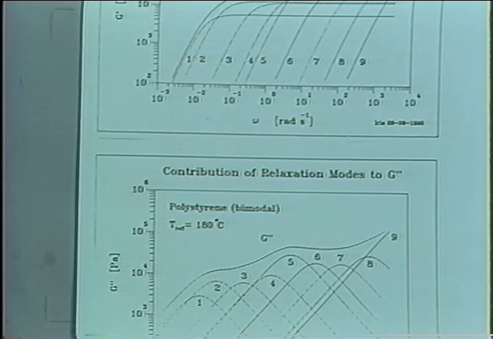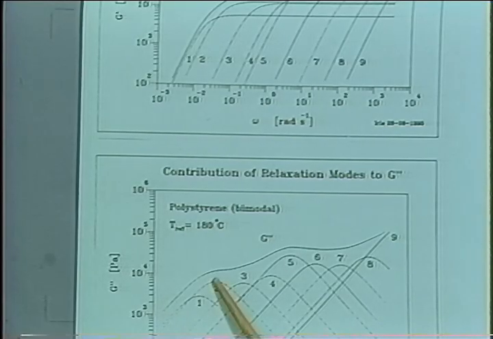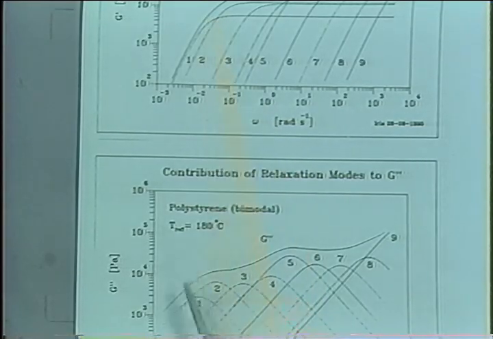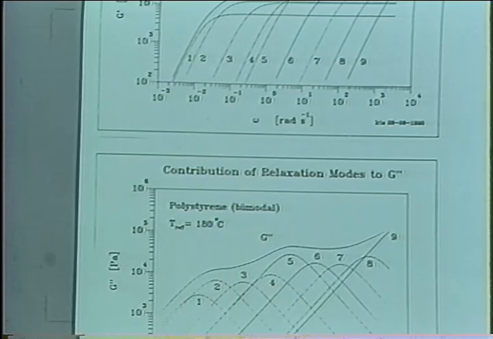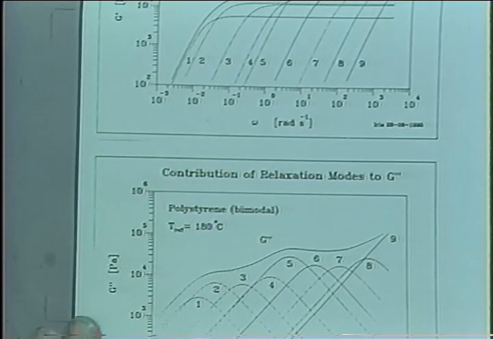And in the curve fitting procedure, we are fitting this curve simultaneously with that curve, and that makes it a very robust fitting procedure. And I think that's why it works so nicely.